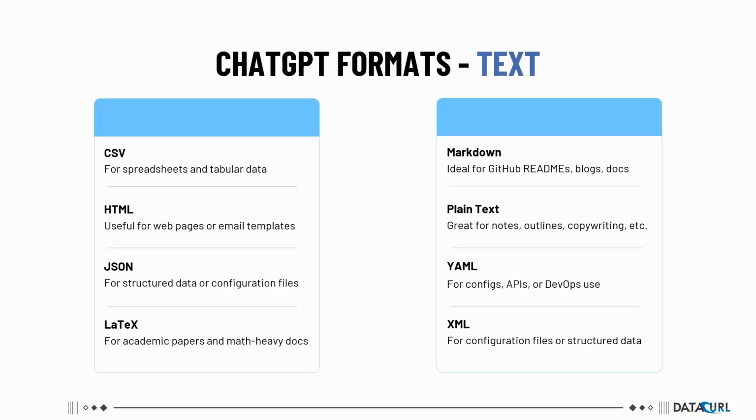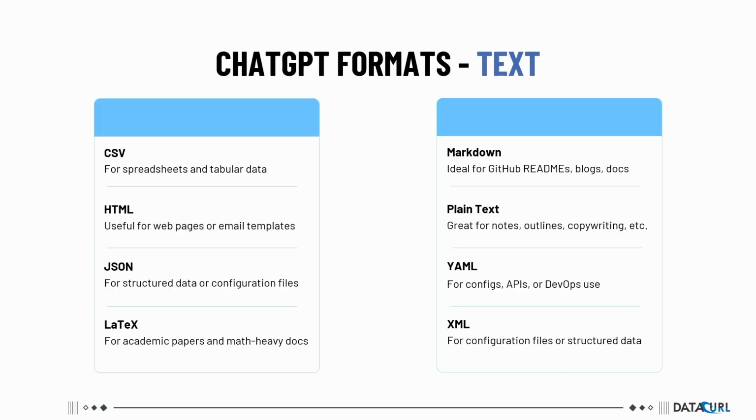LaTeX is good for academic papers or something that might be math-heavy documentation. Markdown is good for readmes, blogs, documentation, and as we'll see later, it's also good for formatting your prompts. Plain text is good for just about anything. YAML is good for configuration files. Same with XML.